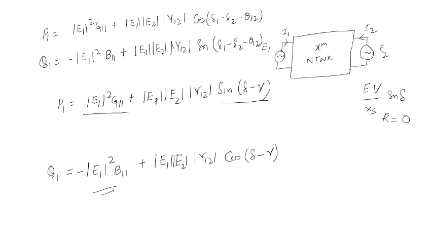Now if you assume in this equation also r equal to 0, what will happen is that your G11, that is your conductance, and your gamma term will be 0. So you can put G11 as 0 and your gamma will be 0 if you are assuming.